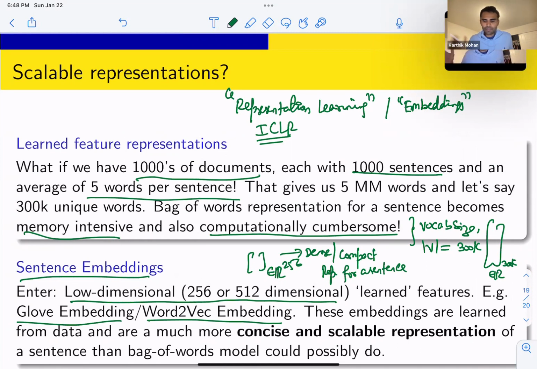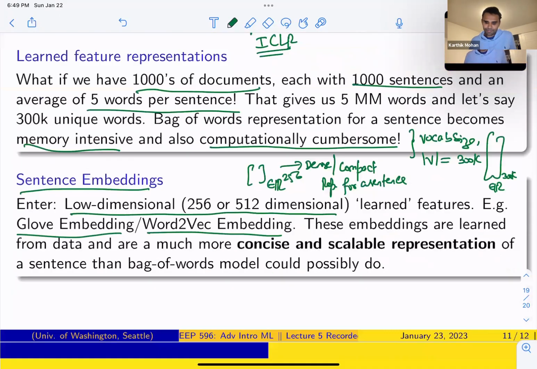We said how it's helpful in encoding sentences. It gives a numeric representation, but there are inefficiencies associated with the bag of words model. And so you would want to move towards more dense and compact representations that we call embeddings. How do we get these embeddings, what do they represent, what do they mean, and how do they get used? We will take this forward into the next lecture.